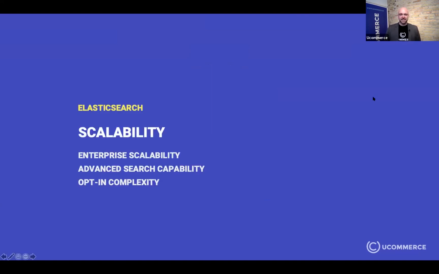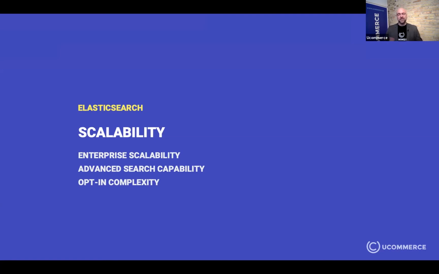That is scalability. It is the first time that we can introduce enterprise-level scalability with Ucommerce. It is the first time that we can sort of democratize a feature that's rarely found in a platform for the mid-market like Ucommerce. So I think you're really going to get some bang for the buck out of this one. In addition, Elasticsearch is an awesome search engine, so you get some additional nice full-text search queries.